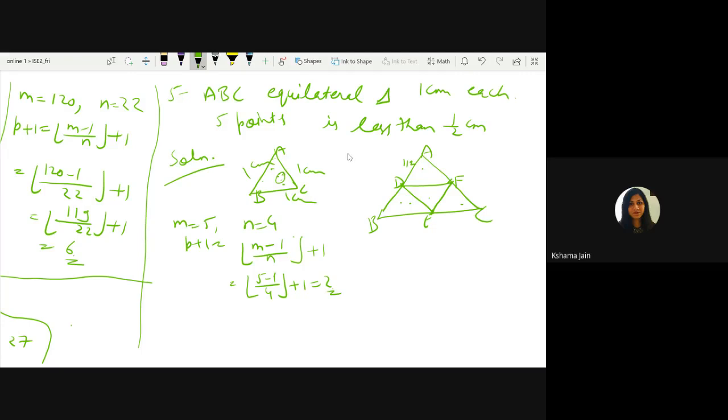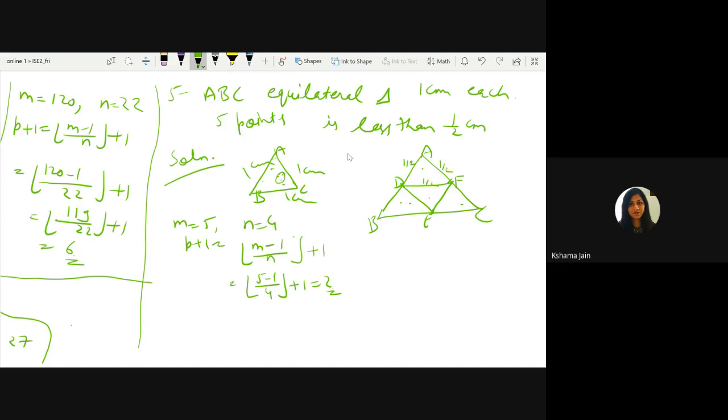Just to have an idea, if you don't draw this, when you draw the points, you are not getting exactly the location and the distance between them. But if we draw these, we know that these are equilateral triangles. All sides are half centimeter.